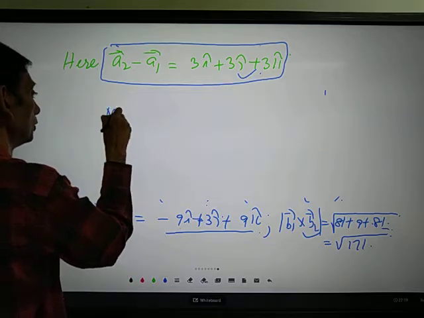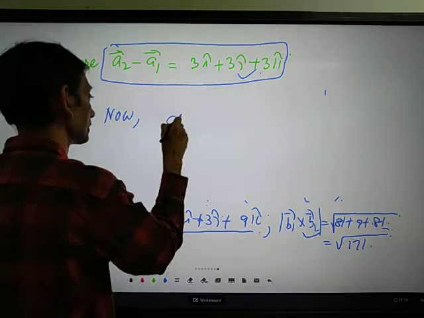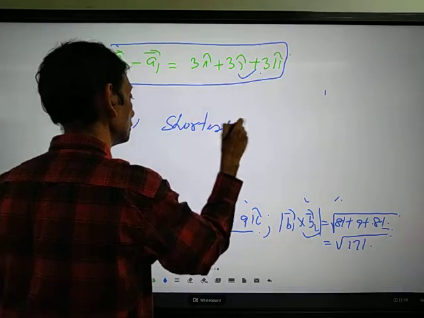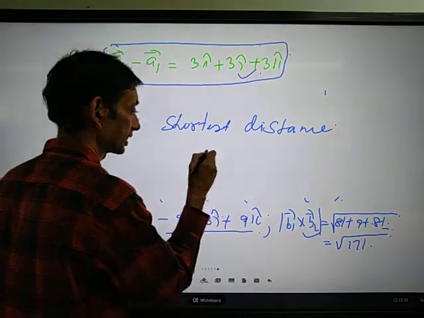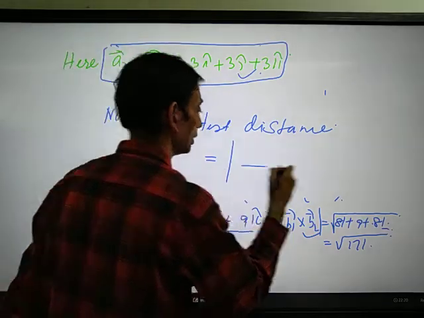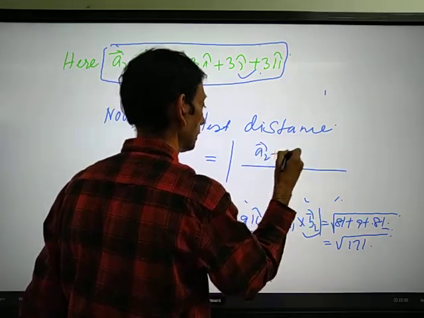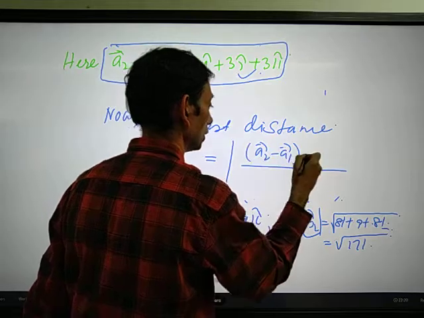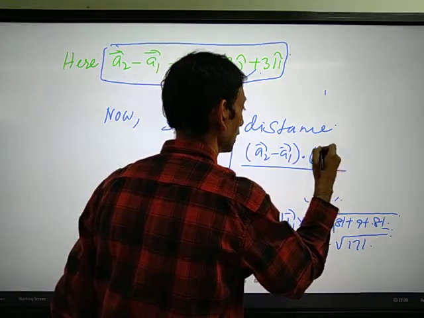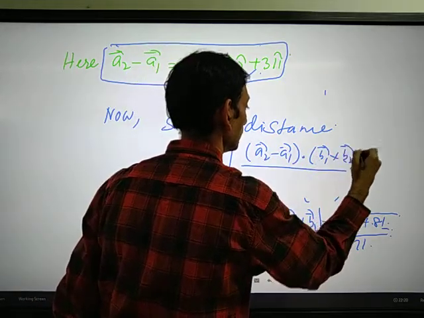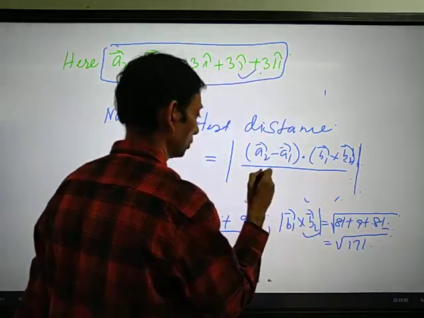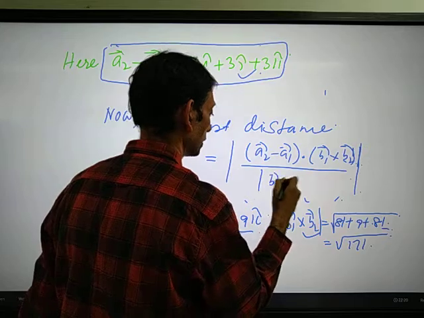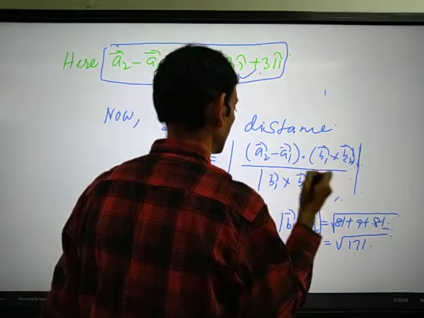Now the shortest distance is equal to A2 minus A1 dot B1 cross B2, divided by the mode of B1 cross B2. Fine?